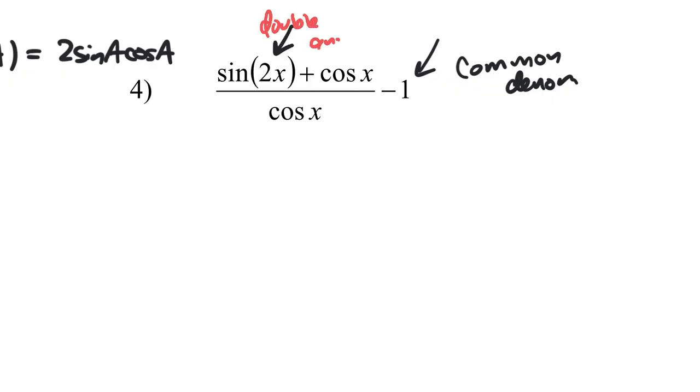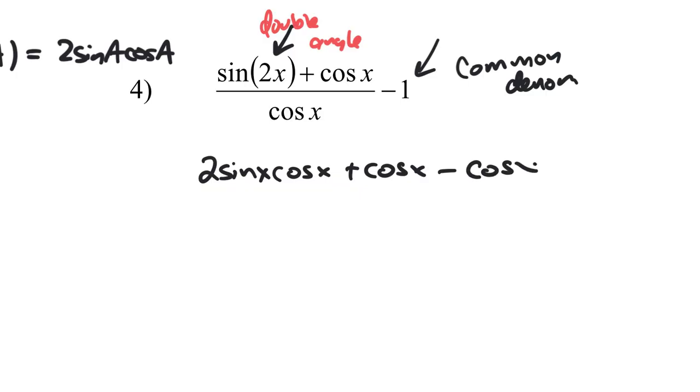I'm going to do both those things as my first step. So I'm going to write this as 2 sine x cosine x plus cosine x. Well, the common denominator of 1 is going to be cosine x, so minus cosine x all over cosine x.